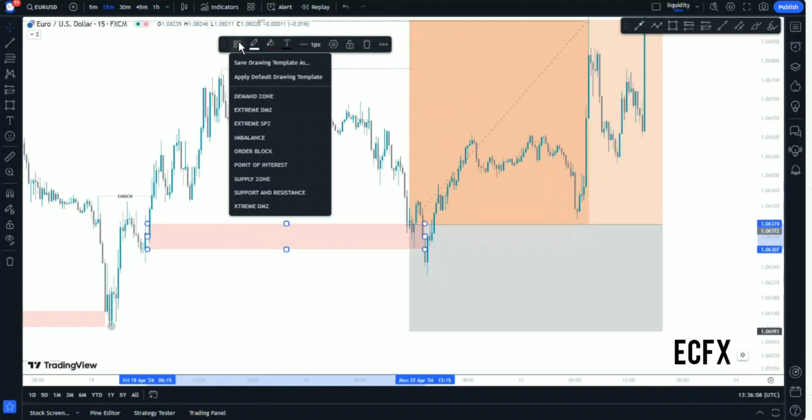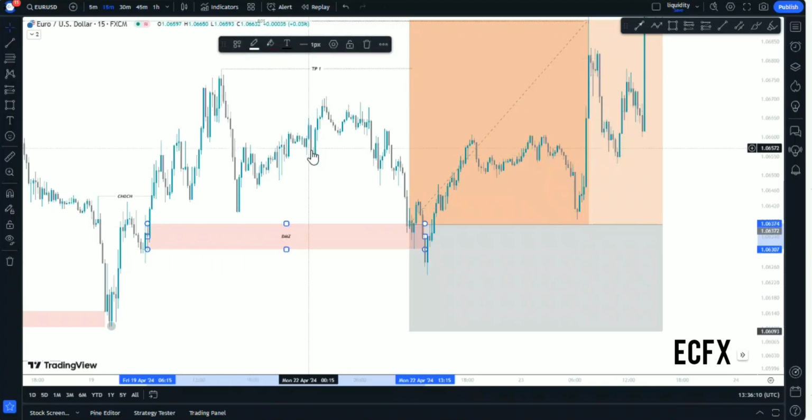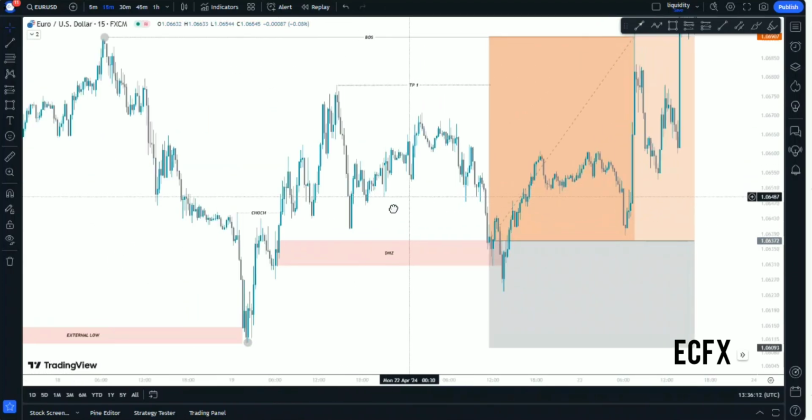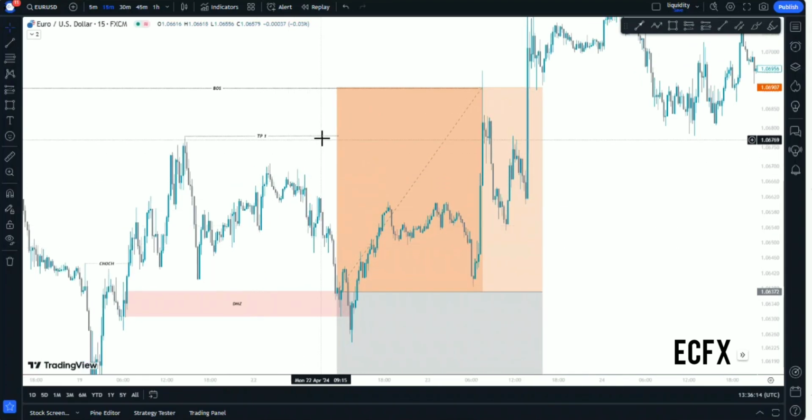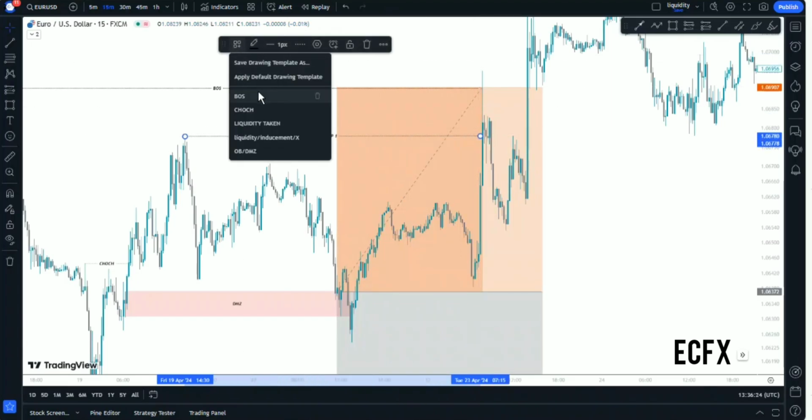So only after we've marked out our highs and our lows will it be easier for us to identify a position or a level where we can take a trade from into the direction that the market is moving, right?